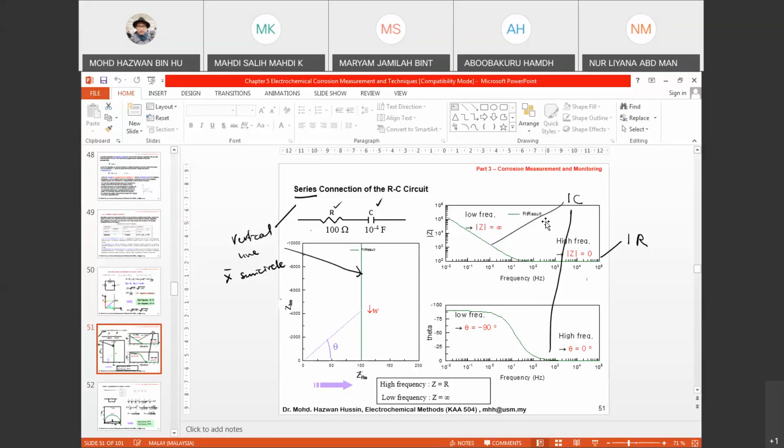And from the Nyquist plot, you also see that it forms a vertical line, not a semicircle. So when you have a vertical line from your impedance, this tells you that your design of the circuit must be in series. So the resistor and capacitor will be placed side by side. Okay.